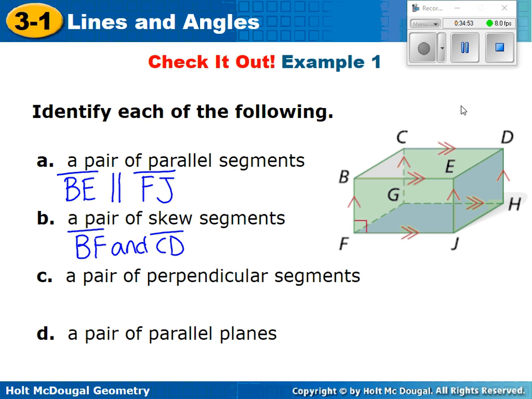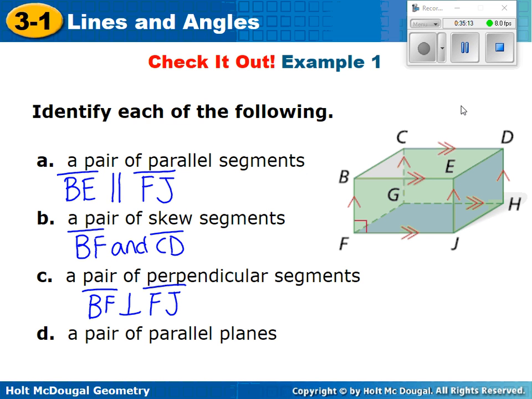Are you saying J or G? Sorry. Are you with me? Does this make sense, though? Your answer is true, BF and FG, if that's what you said. Maybe I heard you wrong. Okay, FJ, sorry. Yes, BF and FJ is correct. I can't hear today, obviously. BF is perpendicular to FJ.